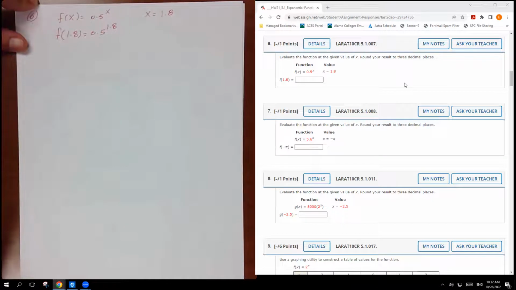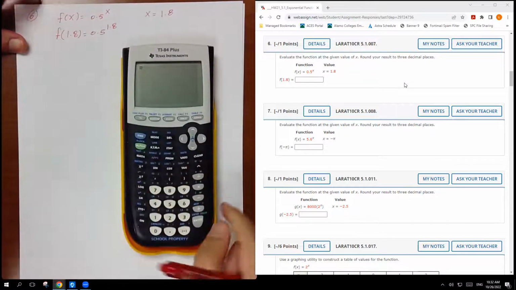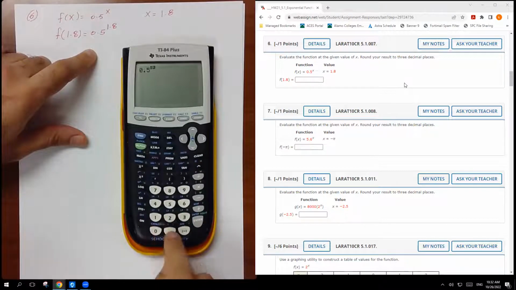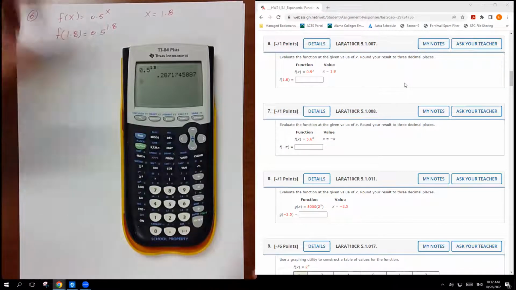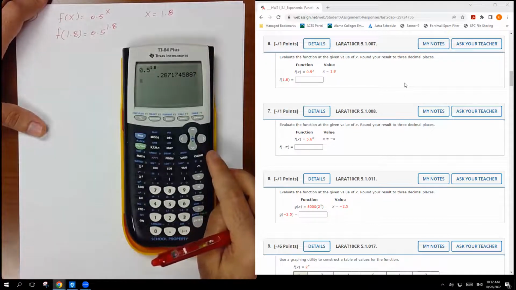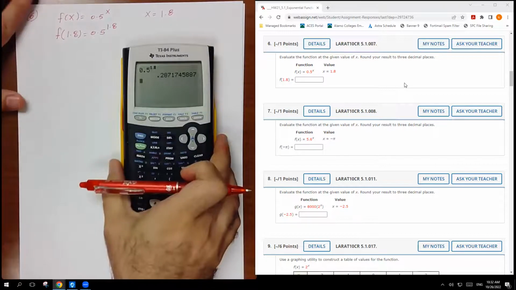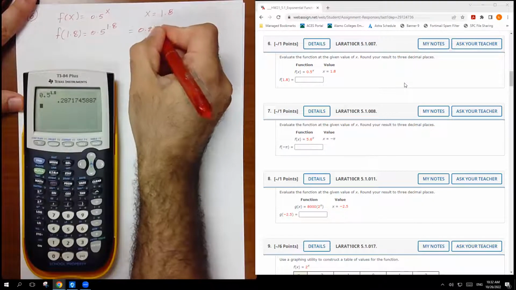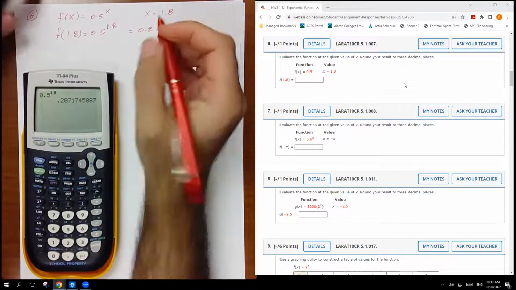So let's check how we're going to work on this one. We're going to go here and plug in 0.5 to the exponent 1.8, because it's just evaluate. The result is going to be 0.287, rounded to 3 decimal places.